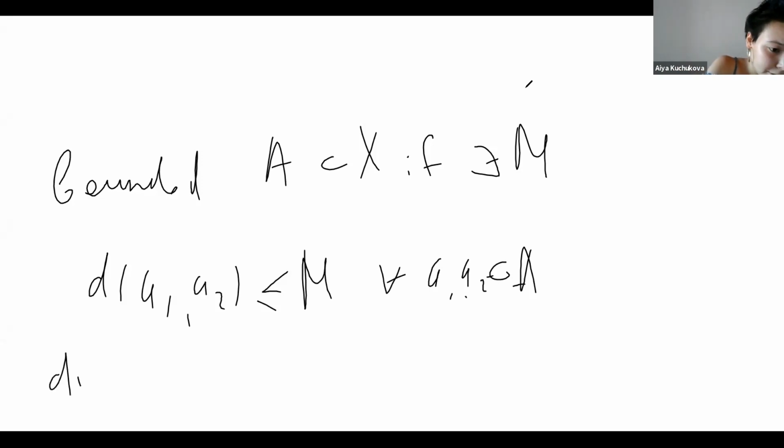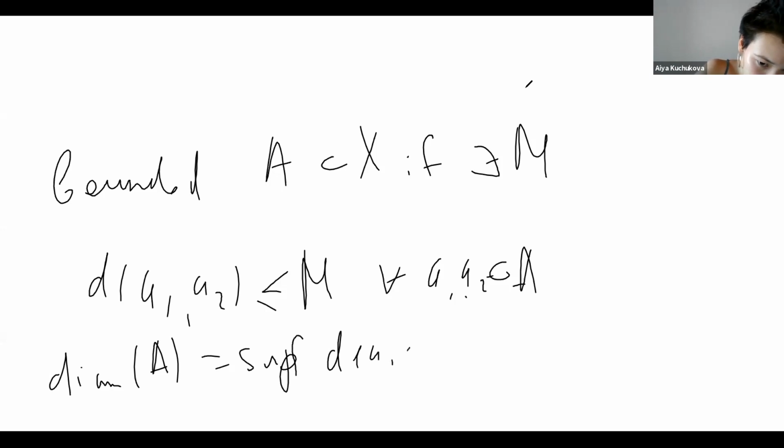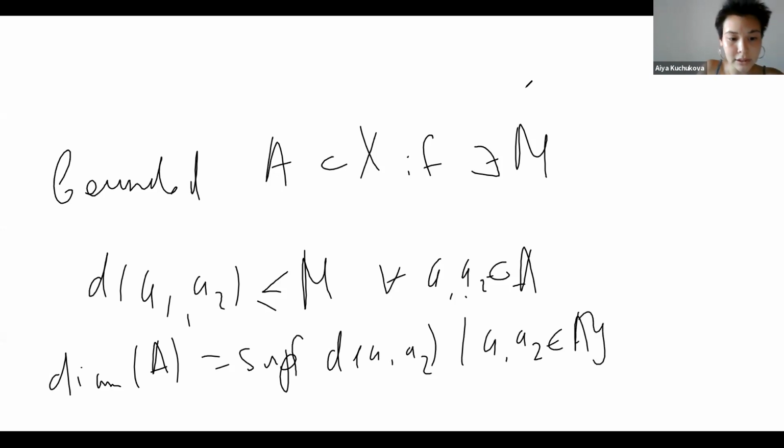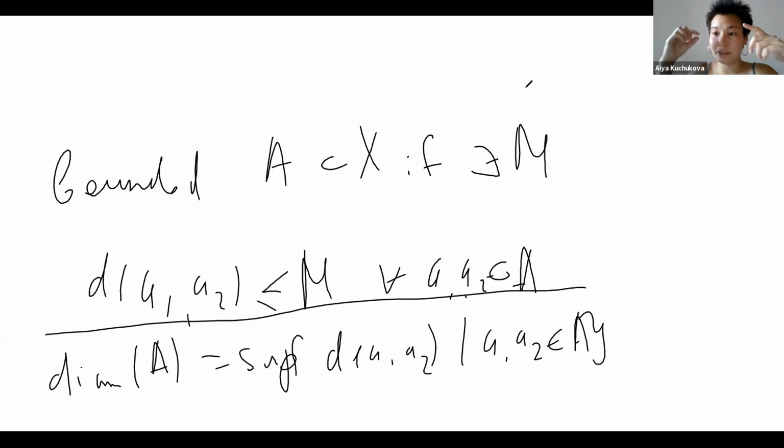You can also define diameter, for example. Diameter of A is the supremum of d(a1, a2) for a1, a2 from A. If somebody forgot what supremum is, it's kind of like a maximum element. We cannot say maximum because in some sets there is no maximum, but there is a limit to a maximum.